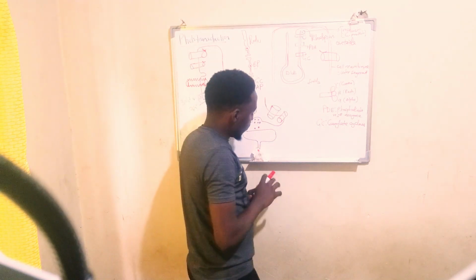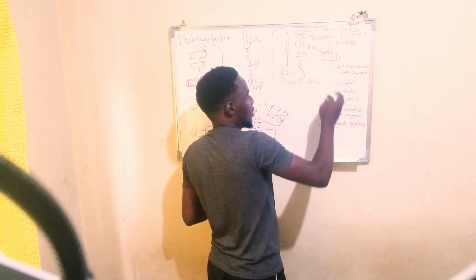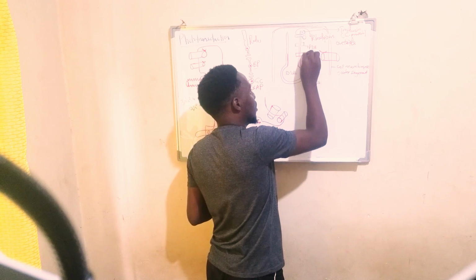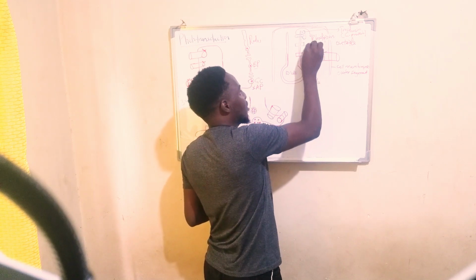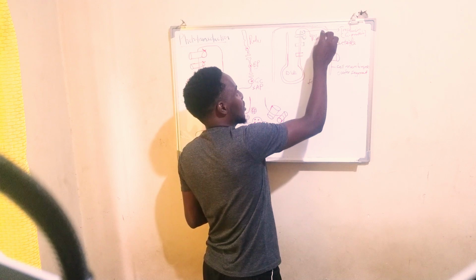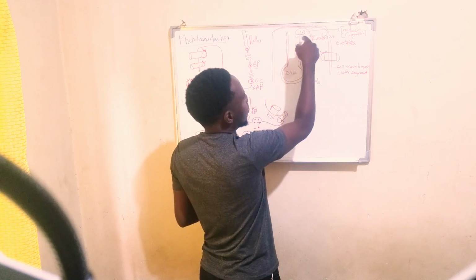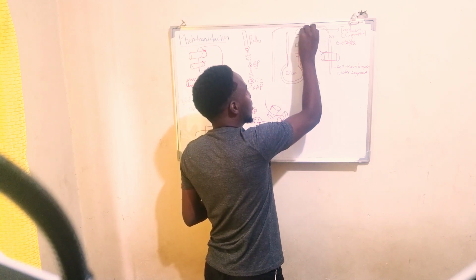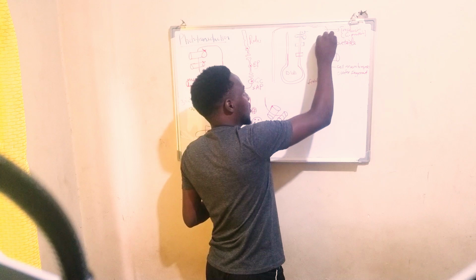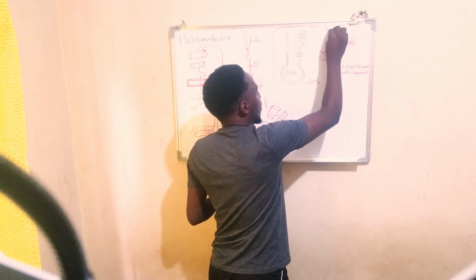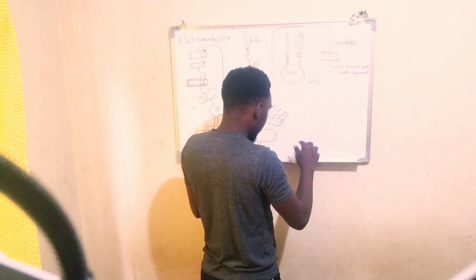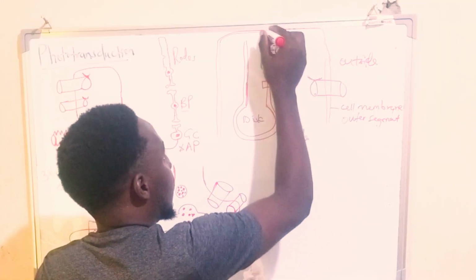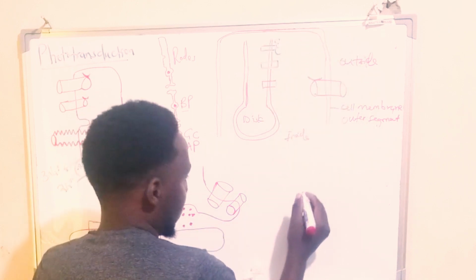I'll create space by removing this stuff here. Take note that GC is guanylate cyclase, PDE is phosphodiesterase, and here is rhodopsin with the alpha, beta, and gamma subunits of the transducin protein, which is a G protein. During the dark, these photoreceptors are depolarized.